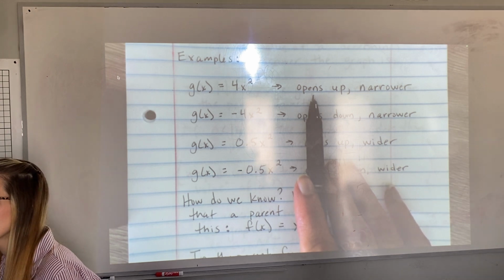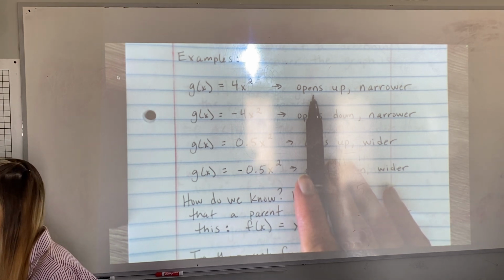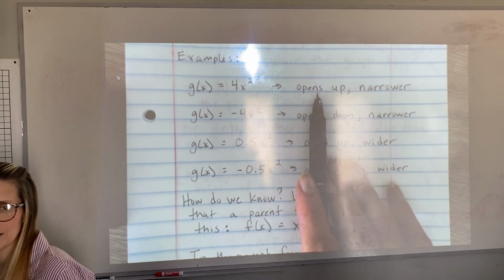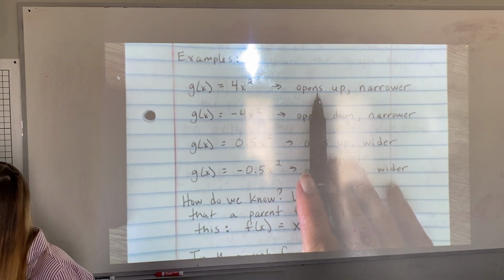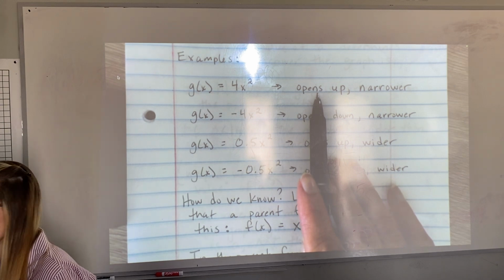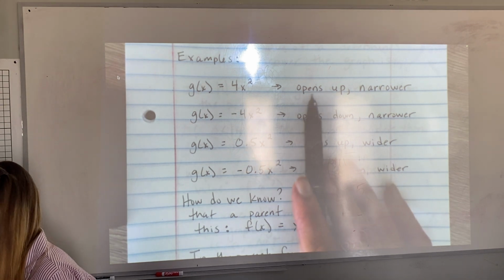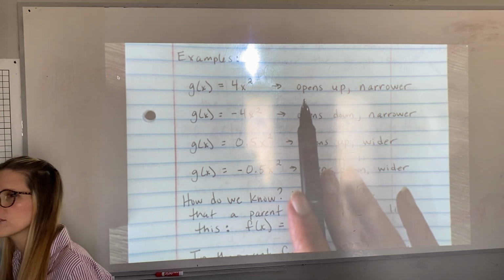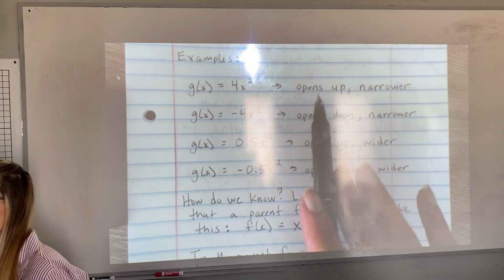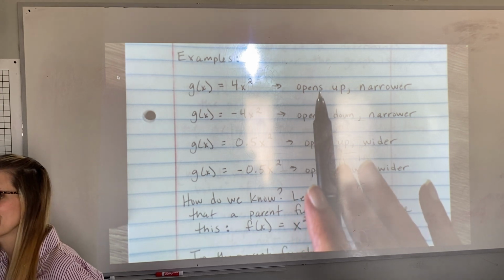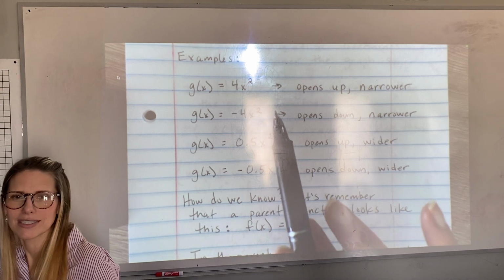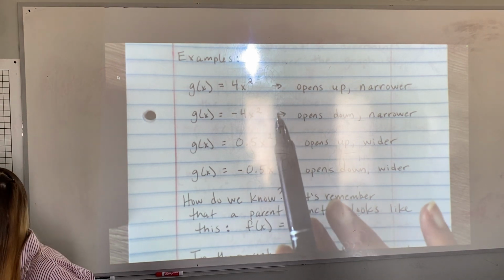If it says how is it different, then you're not going to say it opens upward, because that wouldn't be different than the parent function. The parent function opens upward, right? So be very careful. If you just need to say which direction it's opening, then go ahead and say that. But if it says, how is it different, then don't say it opens upward, because that would be the same as the parent function. Does that make sense?